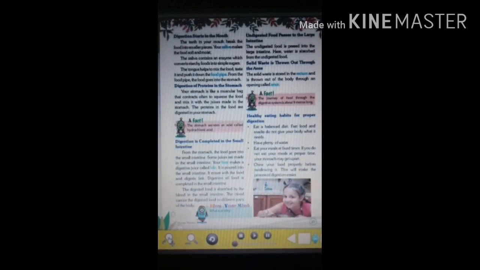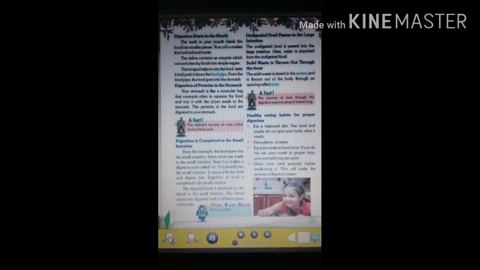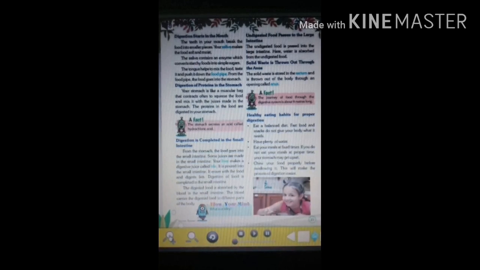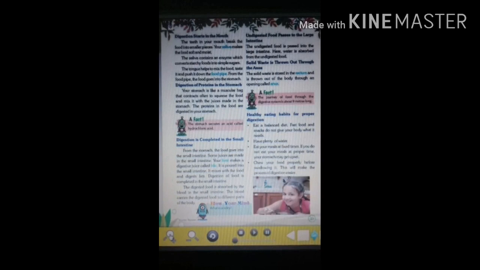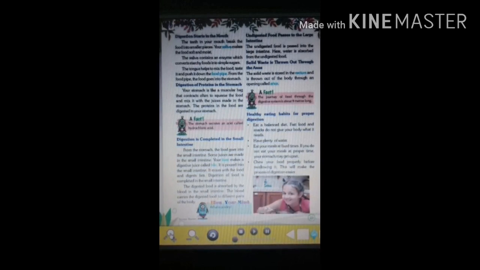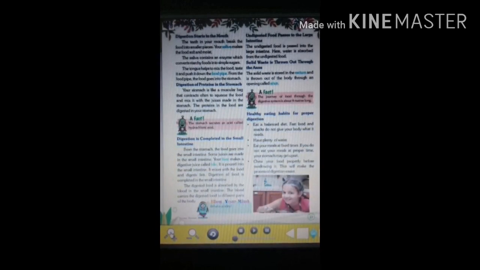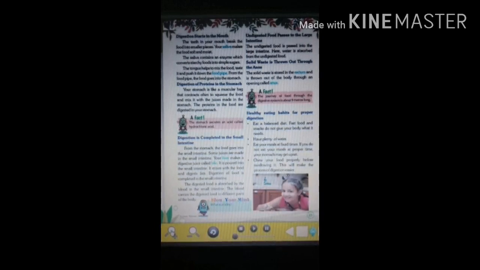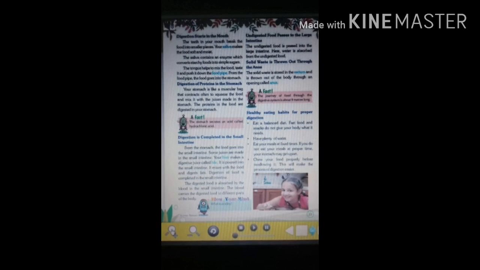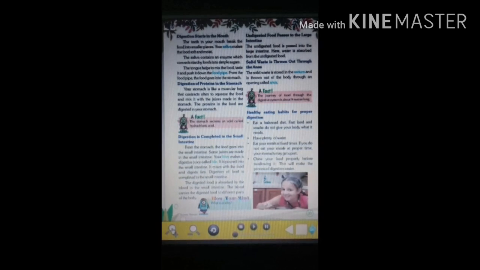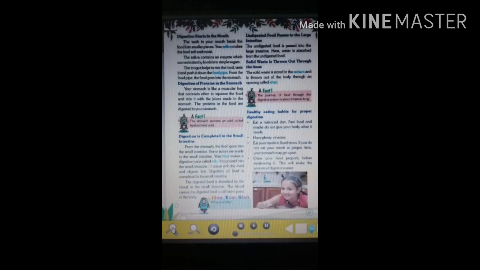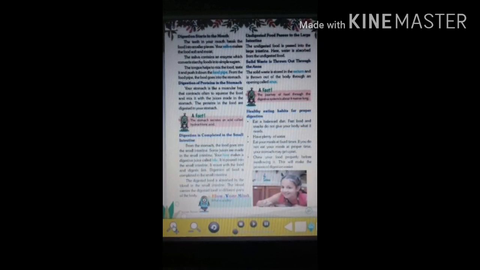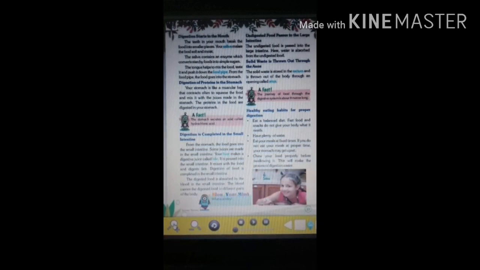Next, eat your meal at fixed time. If you do not eat your meal at proper time, your stomach may get upset. Next, chew your food properly before swallowing it. This will make the process of digestion easier. You should follow all these healthy habits for the proper digestion.